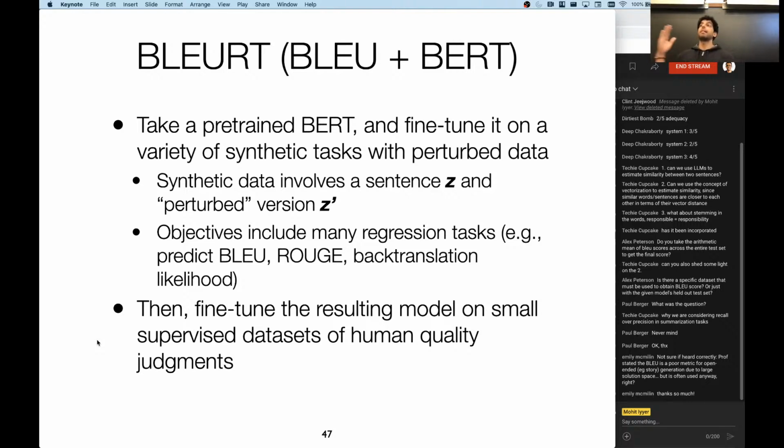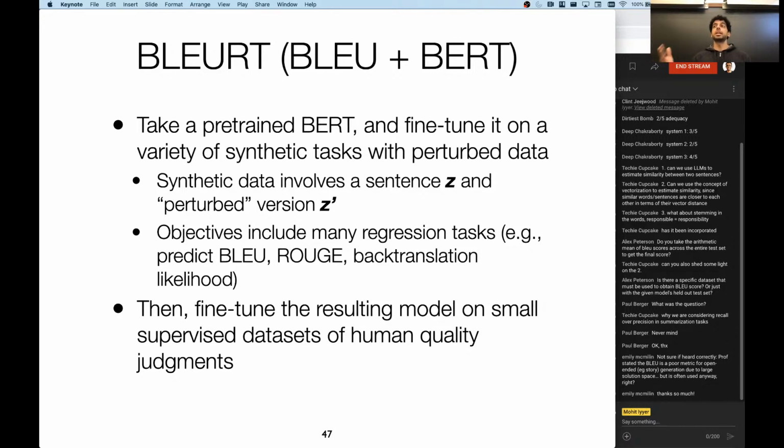So you have your model, you've fine-tuned it on several different synthetic tasks, and finally you take a large data set of human judgments about translation quality. Like those adequacy and fluency scores that we did by raising our hands, right, the 1 to 5. They take hundreds of thousands of these judgments from people that have rated translations, and they fine-tune their BERT model to predict the score given the reference translation and the candidate translation.